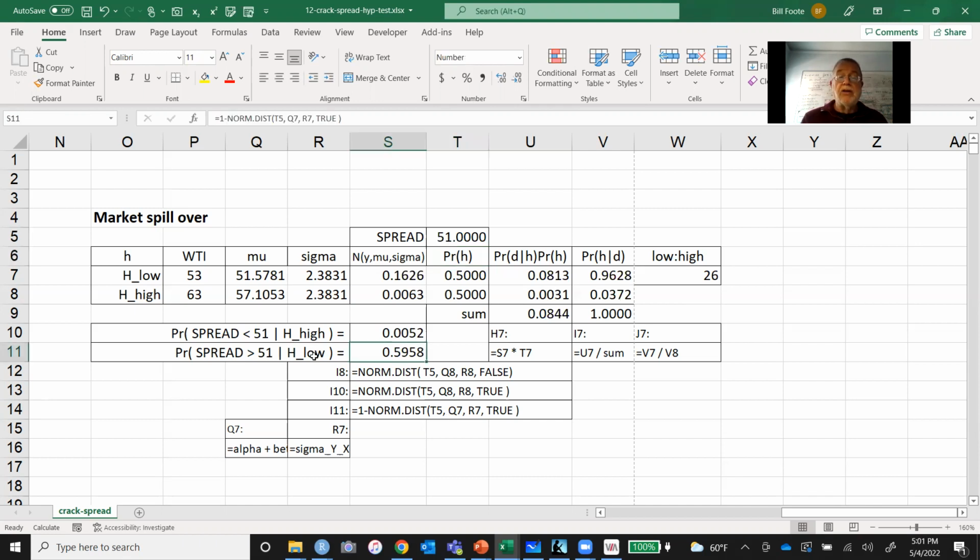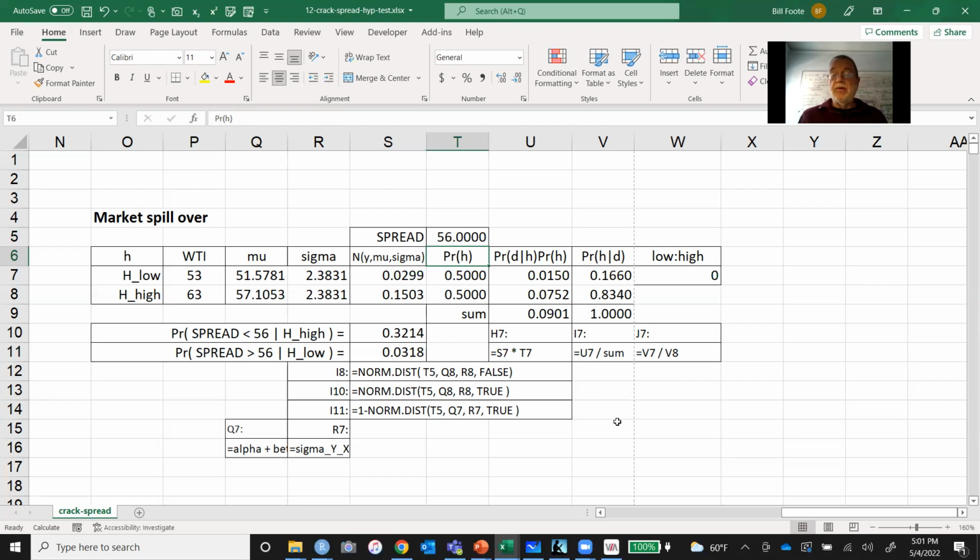This is the low model in this case, which makes sense because 51 is very close to the low mean. If we had picked 56, for example, we could see the opposite, and we do. The high is preferred. The odds tell the same story, but so does common sense. We're almost right on top of the high mu.